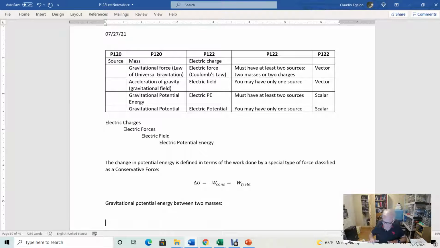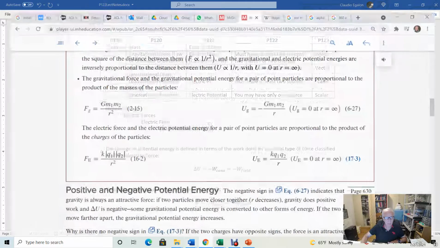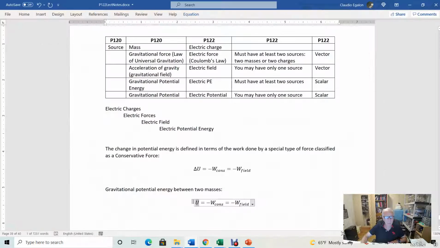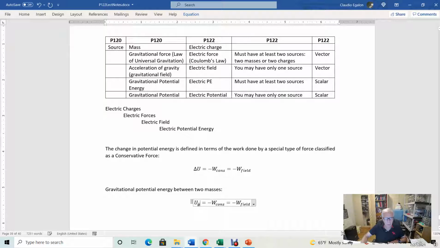We didn't prove that in physics 120 because it involves calculus, so all you have to do is memorize. I'm going to put it according to the notation of the book. He put sub G, to remind you that it's a gravitational potential energy.